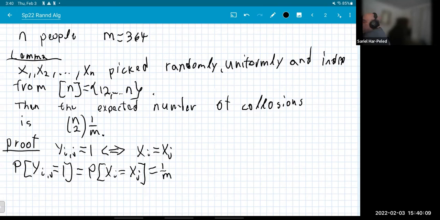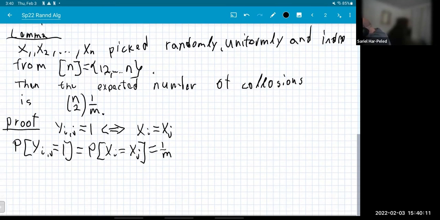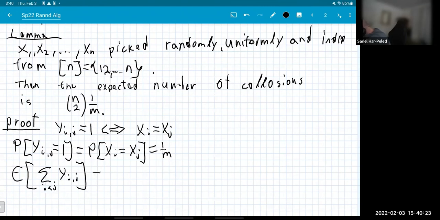right? Okay, so now we are done, right? Because we want the expected number of collisions. Well, the number of collisions is the sum over i smaller than j of yij, right? We use linearity of expectation on yij.